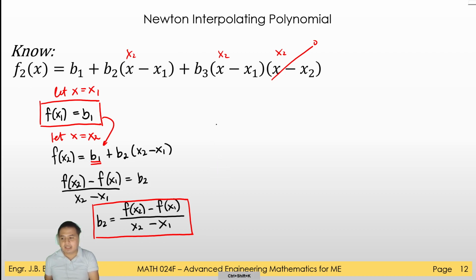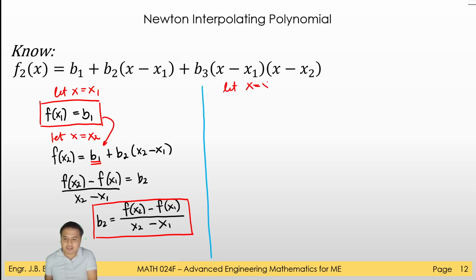For the last one, this is actually a long algebraic manipulation, but I'll save you the time and just show you the formula. Again, if we let x equal x3 and substitute x3 here, here, and here, this will be f of x3.